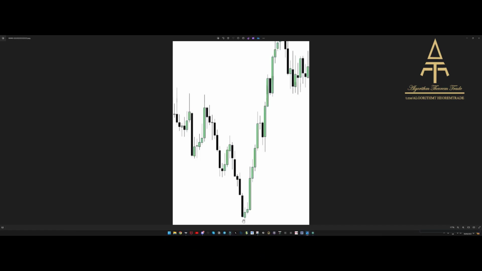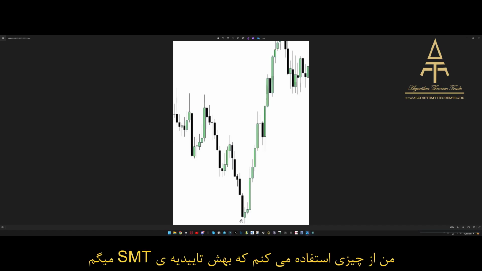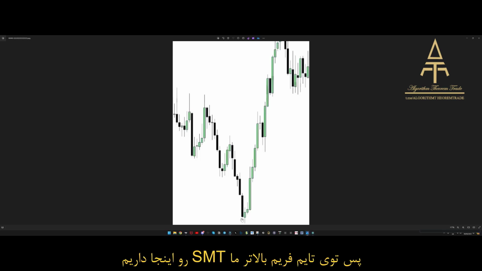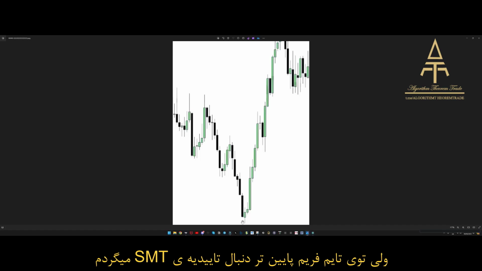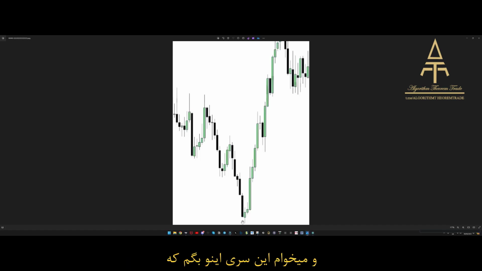right? But you need to listen carefully. I use what I call confirmation SMTs. So on a higher time frame, we would have SMT here, for example, with Nasdaq, which is the most high probability. But then I'll be looking for a confirmation SMT on the lower time frame. I'm only going to say this once, okay?